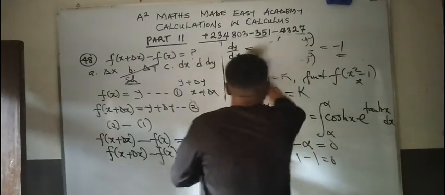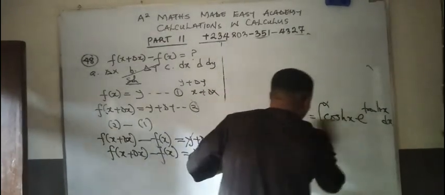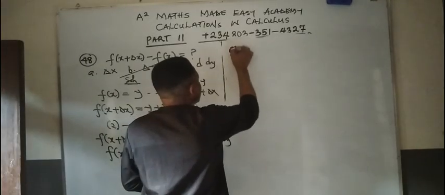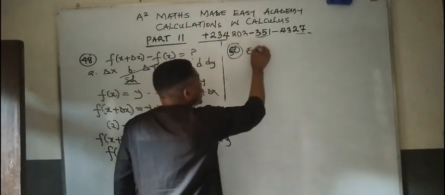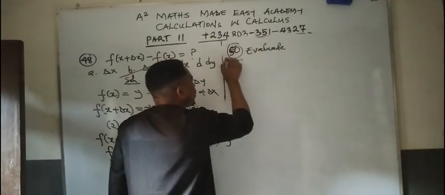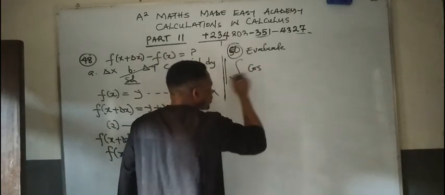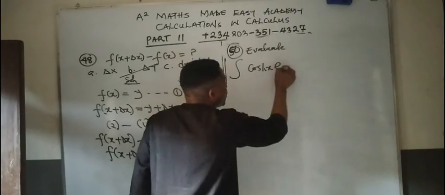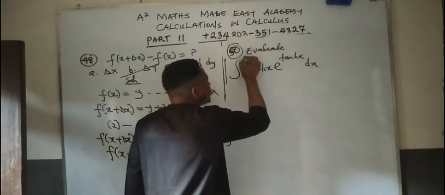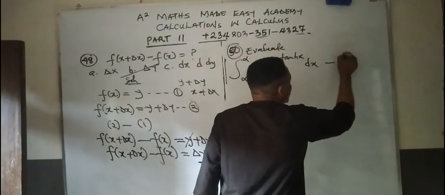Now let's move. Question number 50, which is the last word question. Are you with me now? Now, if you are given something like this, number 50, which is the last question. The question says evaluate the absolute value of the integral of cosh x e to the power tanh x dx bounded by alpha and alpha, then minus 1.